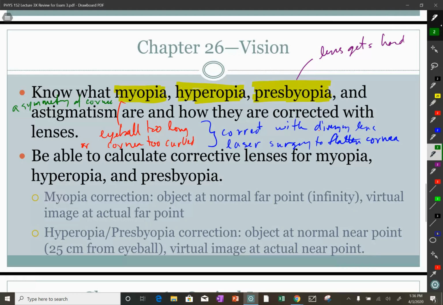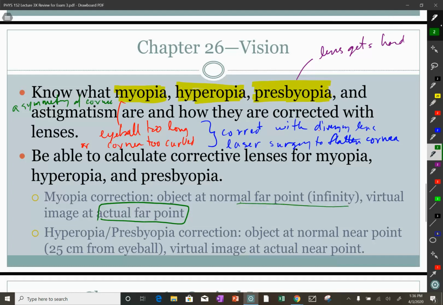Now you should be able to calculate how to correct for vision. If you have a person that's myopic, you'll generally be given their actual far point, and then you need to choose a lens that will take an object at the normal far point of infinity and create an image at the actual far point.